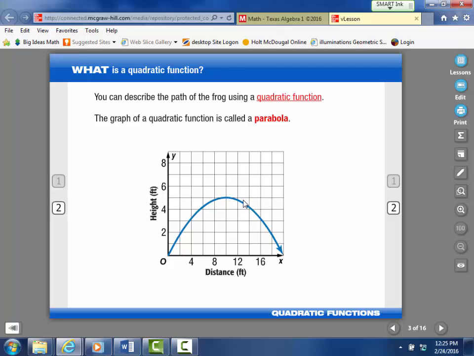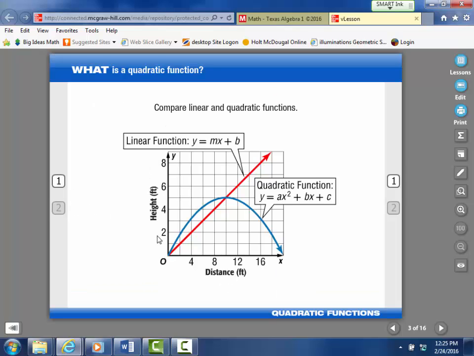So the range is never going to be all real numbers for a parabola. Here's just a quick comparison between the two. You can see a linear function, which was y equals mx plus b, and a quadratic function, which is y equals ax squared plus bx plus c.